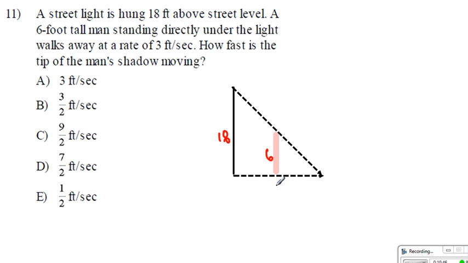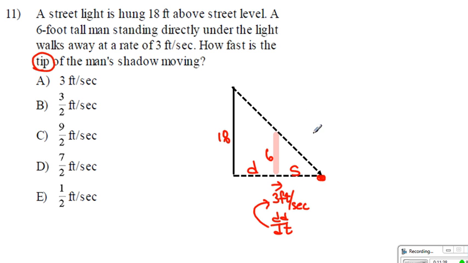So what if I call this one the distance d and this one the shadow s? Then dd/dt is equal to 3 feet per second. How fast is the tip of the shadow moving? The key word here is tip. The tip of the shadow is moving because of two things: one is because the shadow is growing, and second, because the person is moving at the same time.